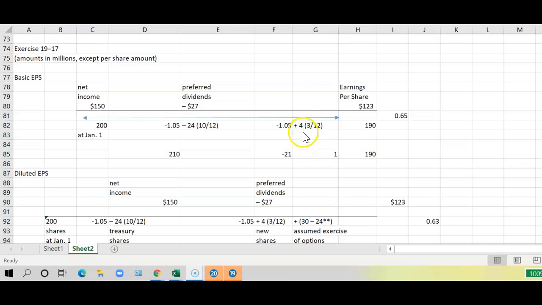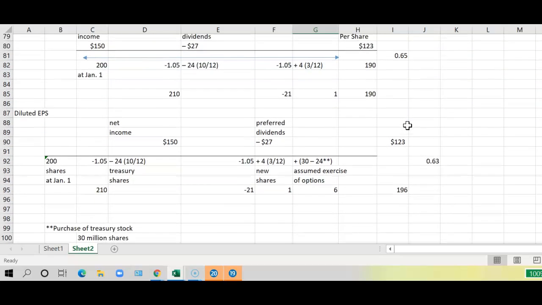And then the 4 million shares they sold from the treasury stock that they purchased in March would be 4 times 3 divided by 12. We don't have to include the stock dividend because it happened after the dividend was declared. This actually happened on October 1st. So the weighted shares outstanding for common stock is 190 million. So the earnings per share is 65 cents.